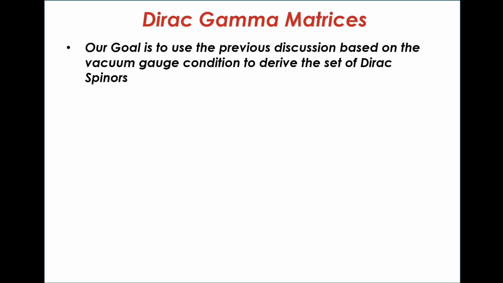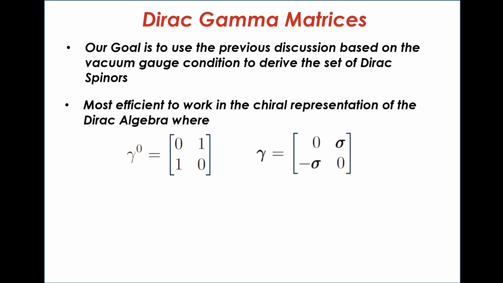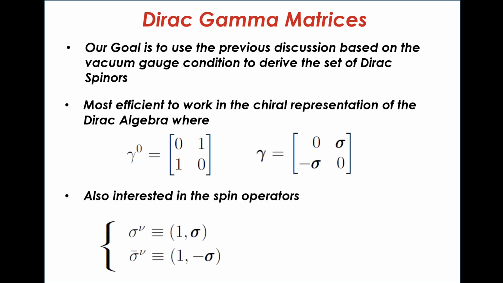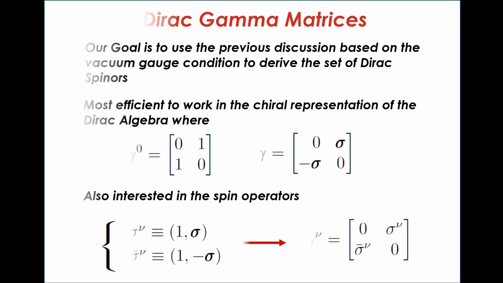In fact, as a reminder, our goal is to use properties of the vacuum gauge condition previously discussed to derive the set of Dirac Spinors. To accomplish this, we work in the chiral representation of the Dirac algebra with scalar and vector components of the gamma matrices shown here. We are also interested in the spin operators sigma nu and bar sigma nu, and we note that all four gamma matrices can be represented by this single matrix gamma nu.